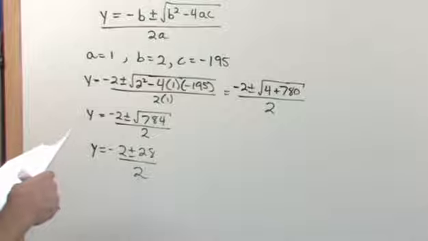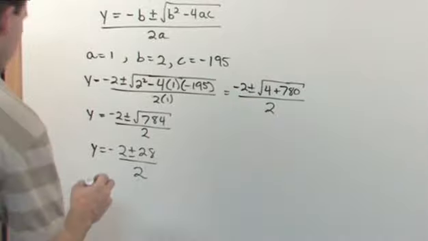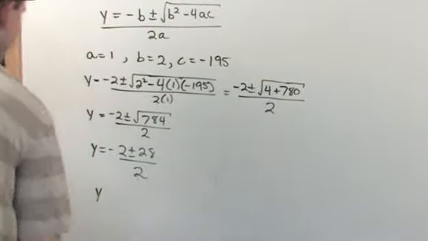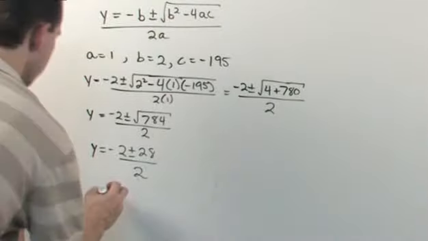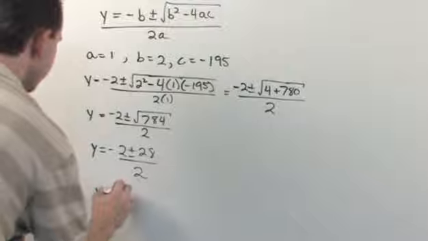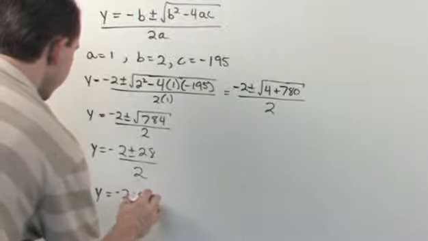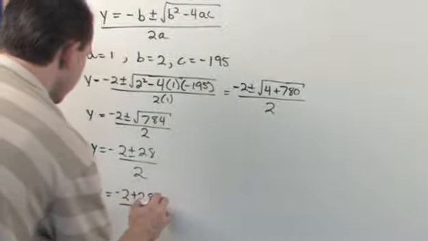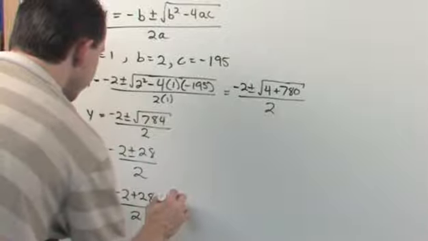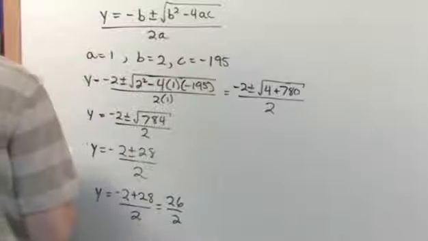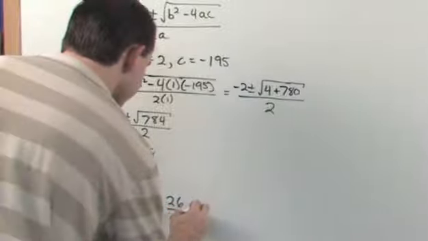So one value of y is going to be equal to negative 2 plus 28 over 2, which is 26 over 2, which is going to be 13.